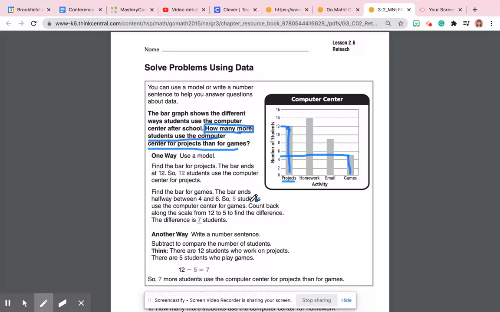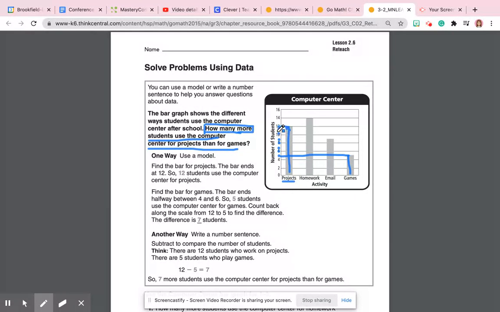Now we are going to count back along the scale from 12 to 5 to find the difference. Remember that this scale counts by twos. So we are going to have numbers in between the numbers listed on the left. Let's count back. 12, 11, 10, 9, 8, 7, 6, 5.